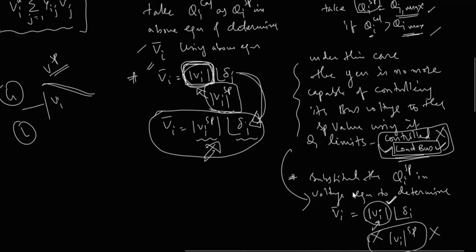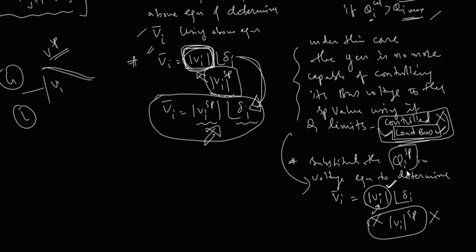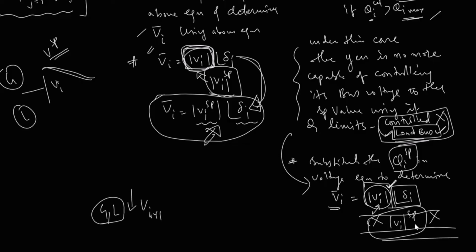Now, once I substitute the Q i specified in the above voltage equation and calculate the voltage, I take this magnitude and angle as it is, no more correction in the voltage. In this case there is no voltage correction, right? So I take this voltage as it is and then move on to the next, Vi plus 1, to calculate the next bus voltage. Depending upon whether it is a generator bus or load bus, I do the same procedure.